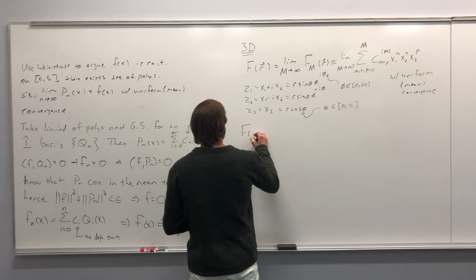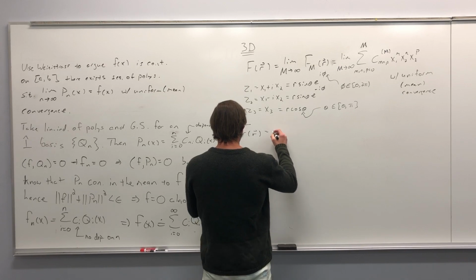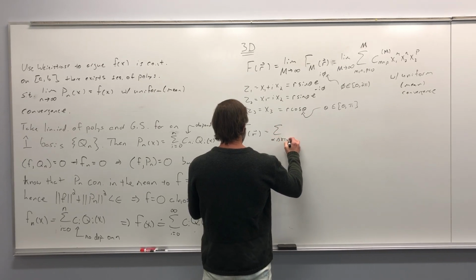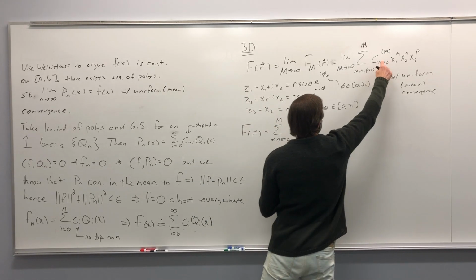So we can say that f equals the sum over alpha, beta, gamma equals 0 to m of admittedly new coefficients.